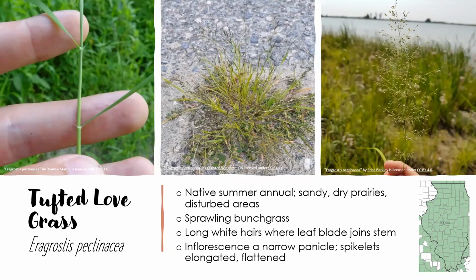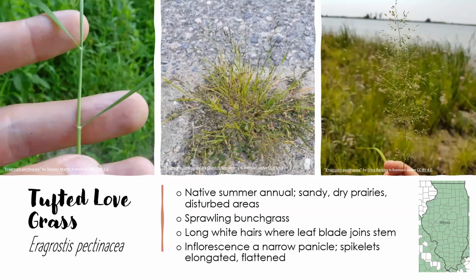But this one is a native summer annual. You find it in drier prairies and disturbed habitats. And it is a sprawling bunch grass. So it's going to grow in a bunch, and then those stems are going to sprawl down towards the ground.